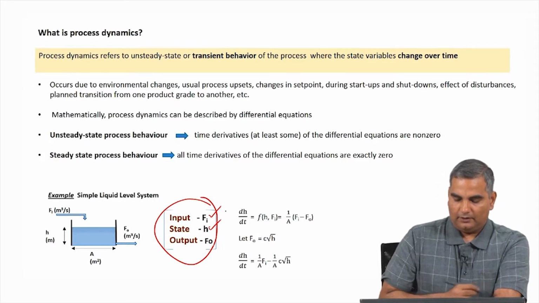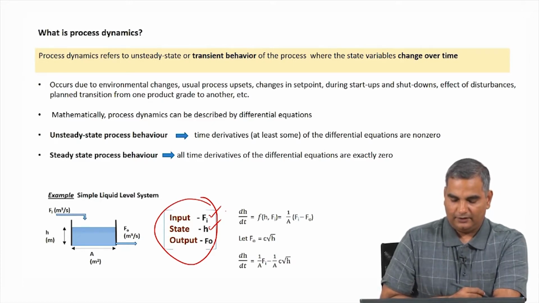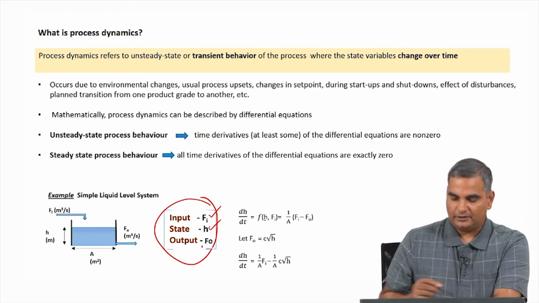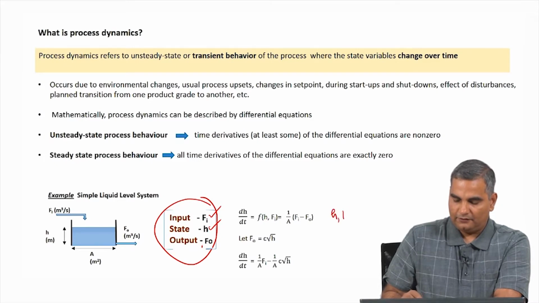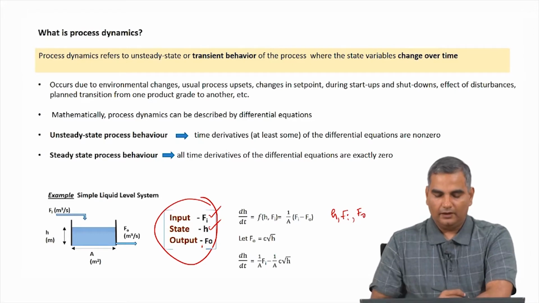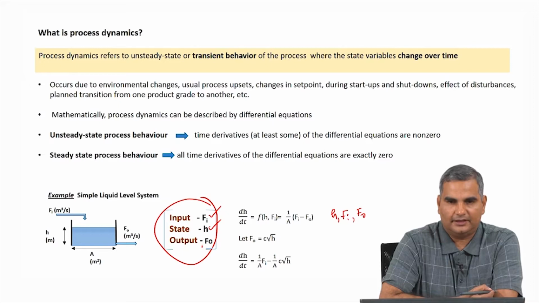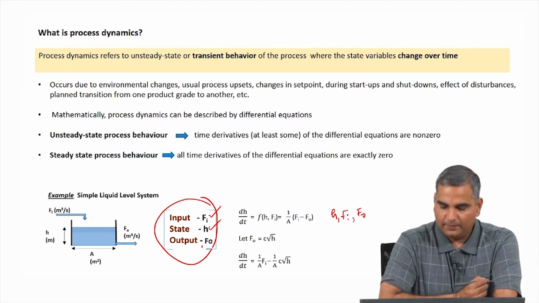Now, if you look at this one equation, I have 3 variables in it: H, Fi and F naught. We generally know that if I have to solve for 3 variables, I need 3 equations, whereas here it looks like I have only one equation.